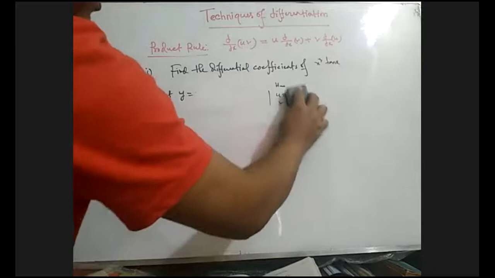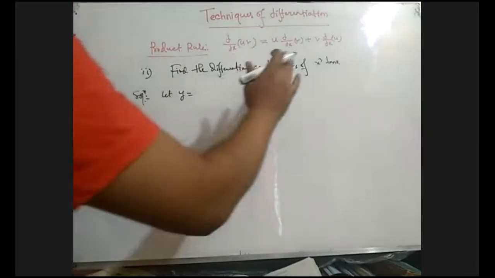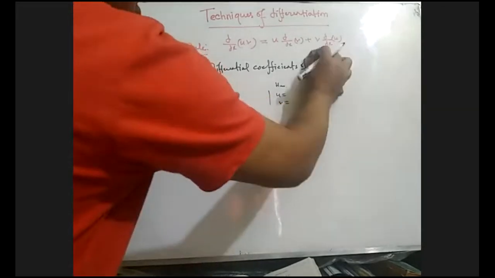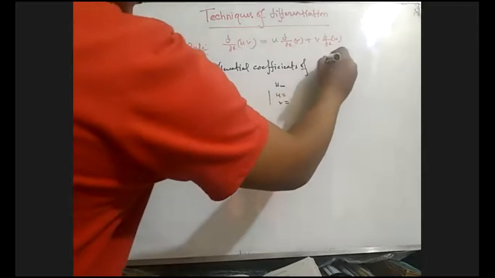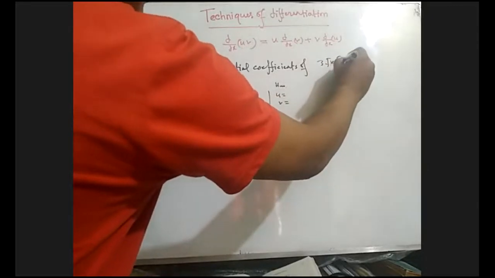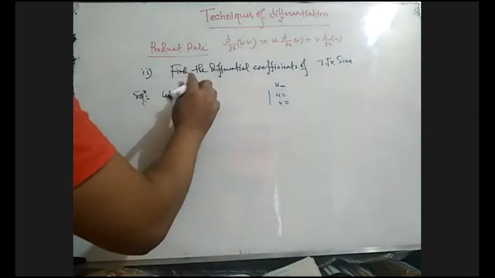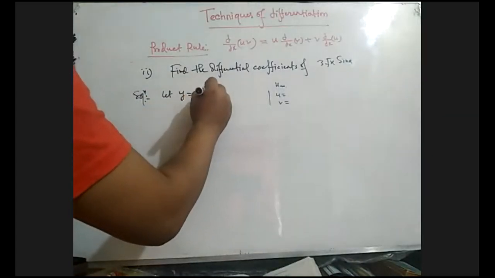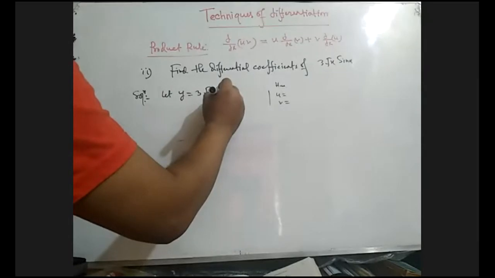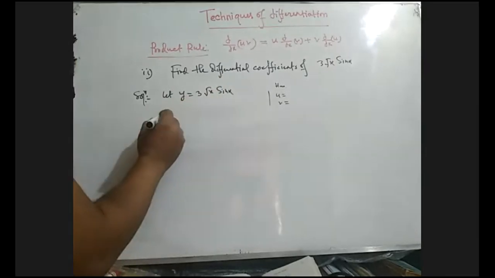Now another example. Suppose this is example 2. We have to find the differentiation of 3 root over x sin x. How can we find this differentiation? Using the same rule. Let y equal 3 root x sin x. 3 is the constant, remember it.